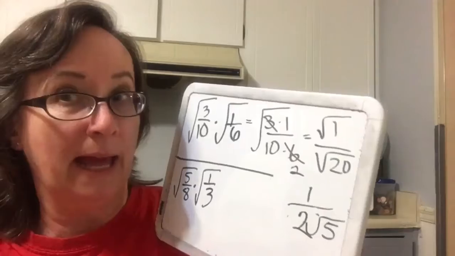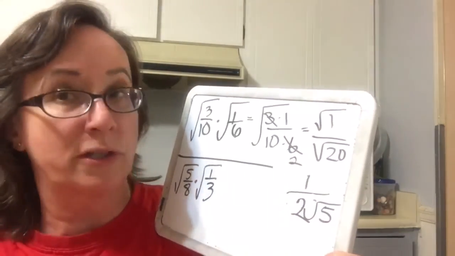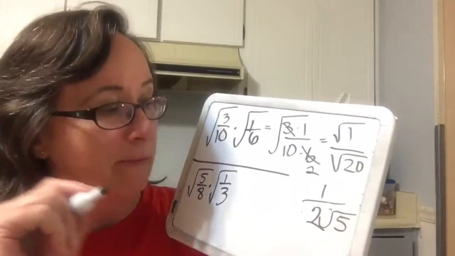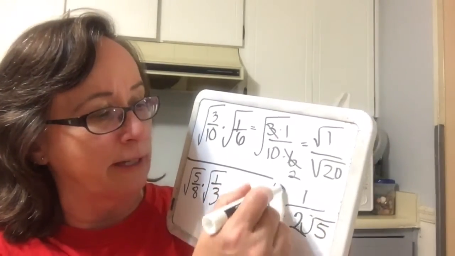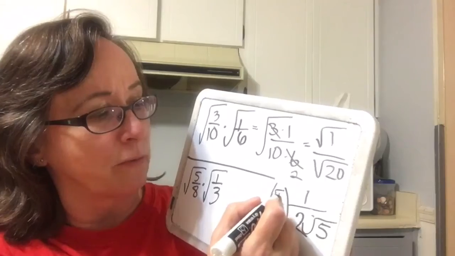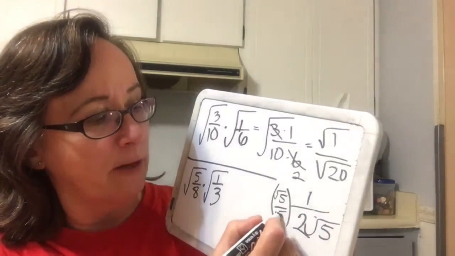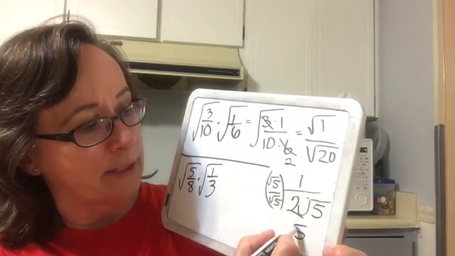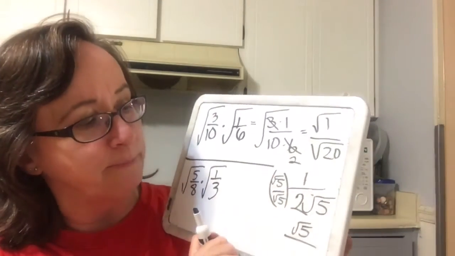And we still have a radical in the denominator. So we need to multiply by 1 in the form of square root of 5 over square root of 5. So I'm just going to do that in the front here since we're already over to the right of our board. Square root of 5 over the square root of 5. And now my answer is going to be square root of 5 on the top. Square root of 5 times 1.